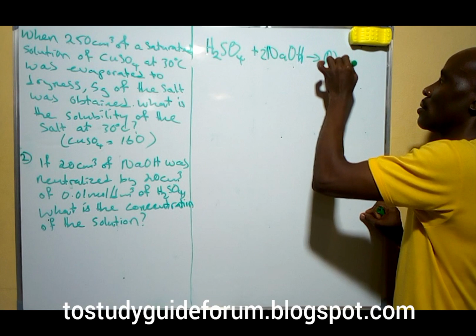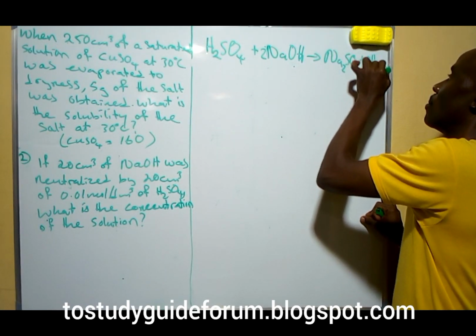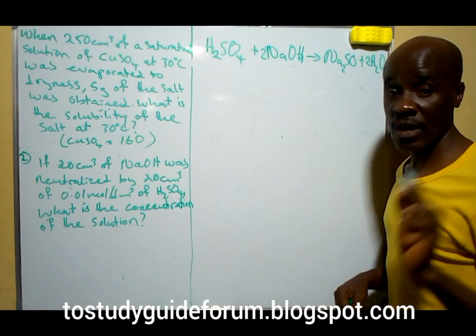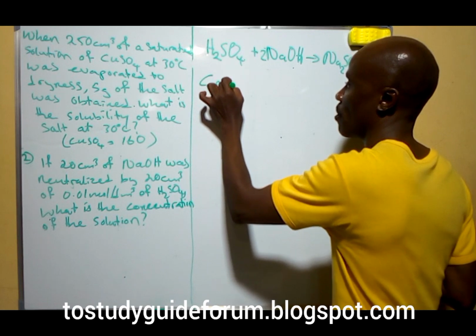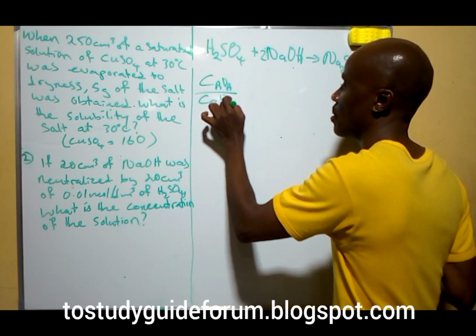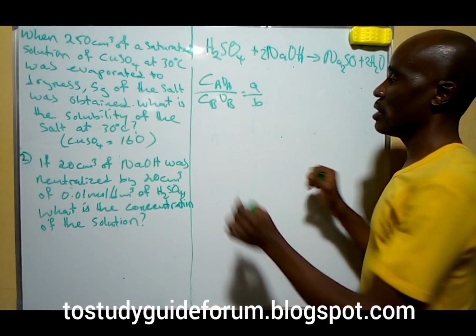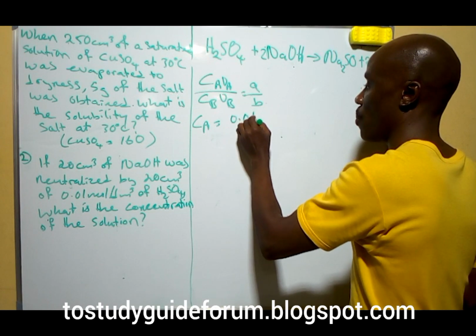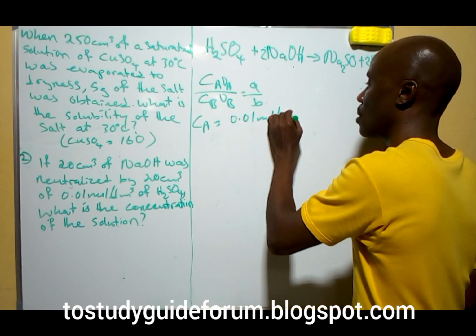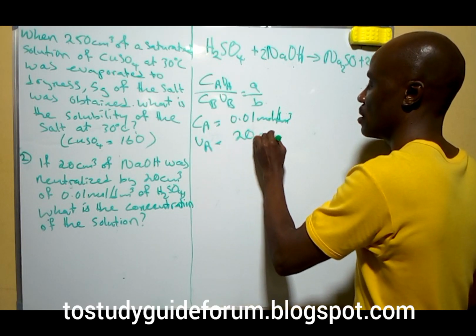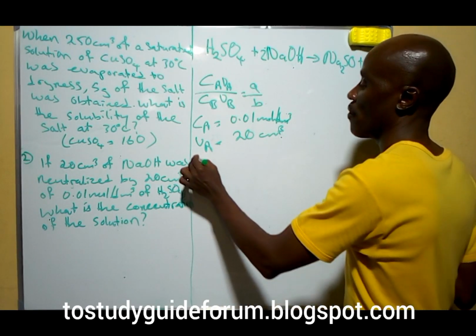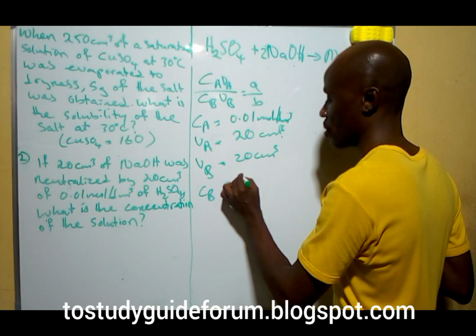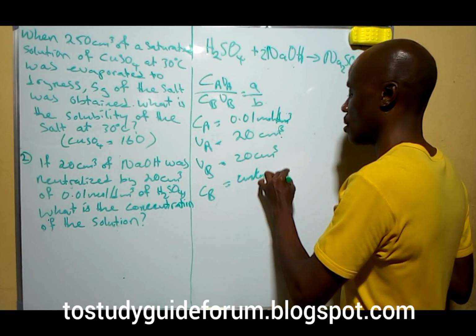Then another very important thing is our formula, where CA is the concentration of the acid in mole per dm³, VA is the volume of the acid in cm³, and the volume of the base is 20 cm³. The concentration of the base is what we are looking for, so it is unknown.